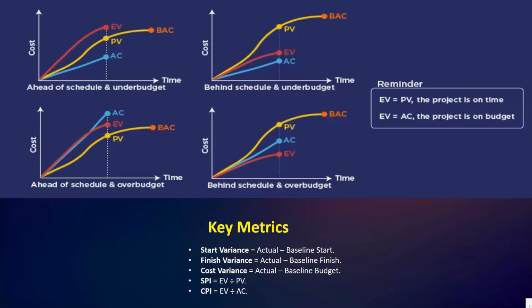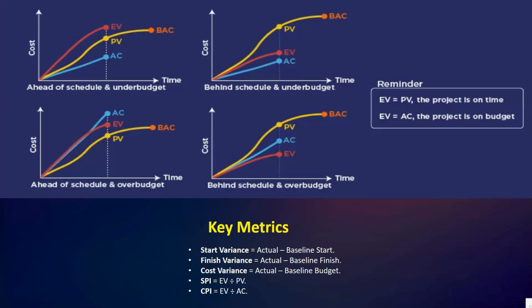Start variance is the difference between the actual start date and the baseline start date. Finish variance is the difference between the actual finish date and the baseline finish date. And cost variance is the difference between the actual cost and the baseline budget.